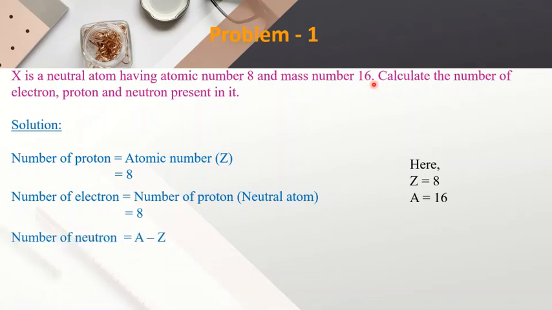So what is the neutron number? Number of neutron equals mass number minus atomic number, A minus Z, where A is 16 and Z is 8. So number of neutron equals 8. So here X has 8 electron, 8 proton and 8 neutron.